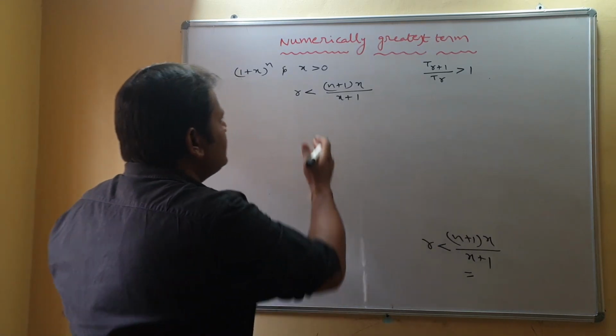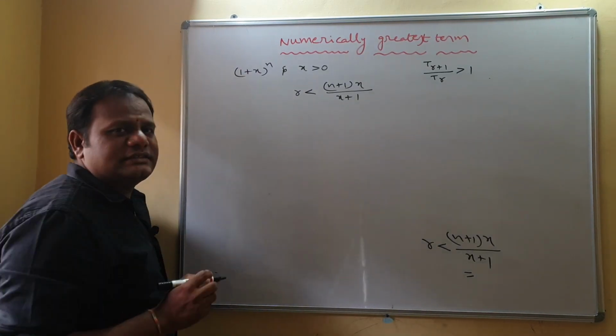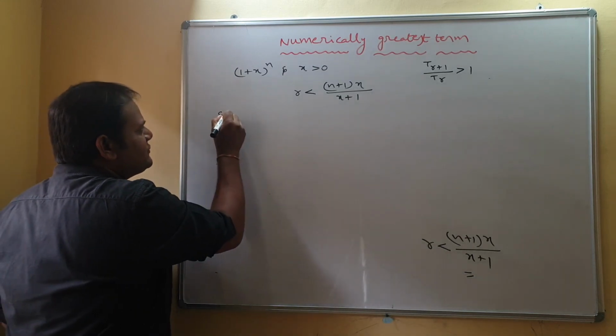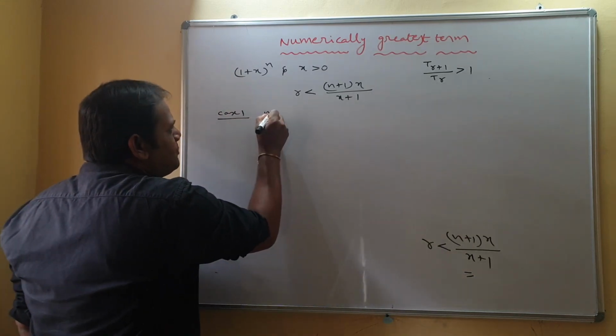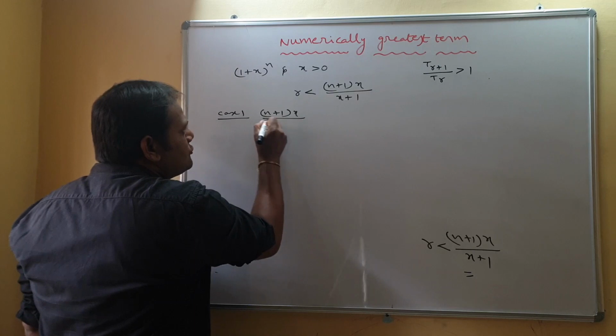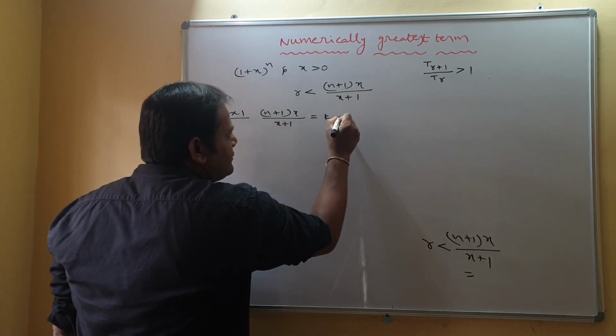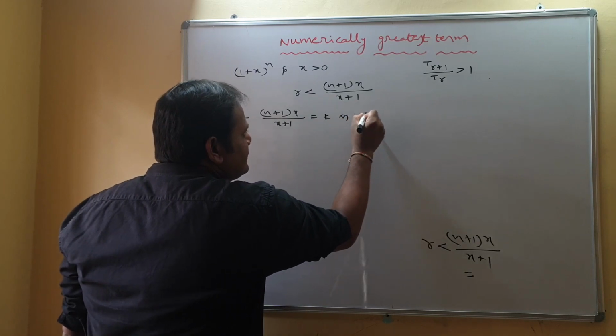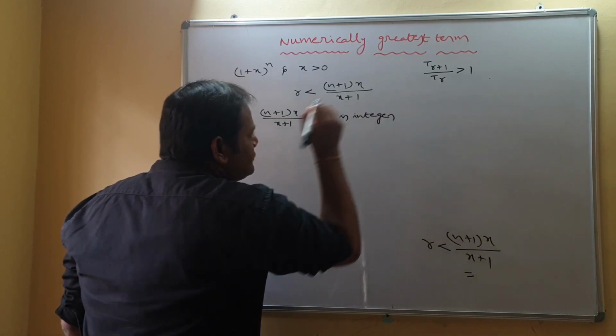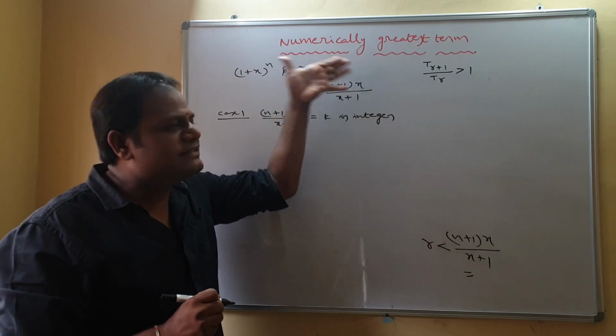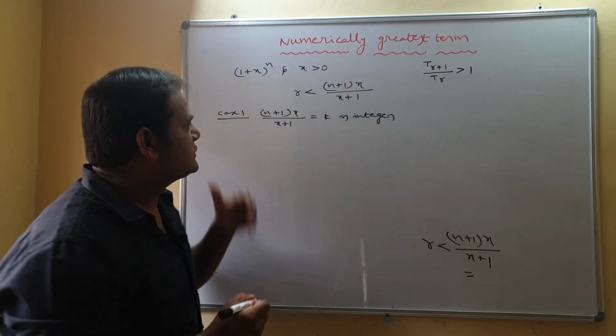Here we have two cases. Case 1: (n plus 1) into x by (x plus 1) is equal to k, an integer. So suppose I am taking this value as an integer. What happens once you verify?